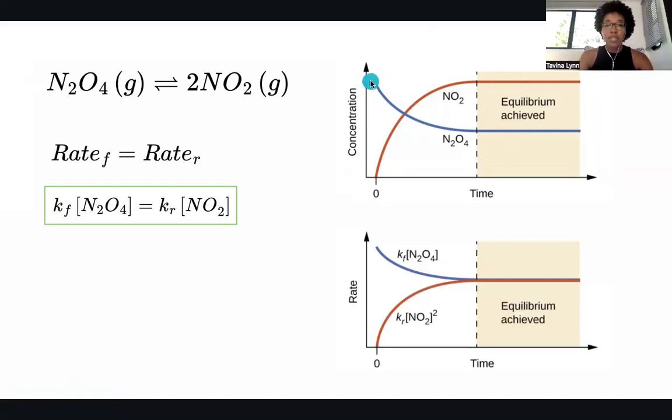Once the reaction proceeds, our reactants decrease because they get consumed, and our products increase because they are produced. And what we notice is that the concentration of both the reactants and the products stabilize once equilibrium is achieved. The concentrations are not necessarily equal, like the rates are equal, but the concentrations of the reactants and products stabilize at equilibrium.